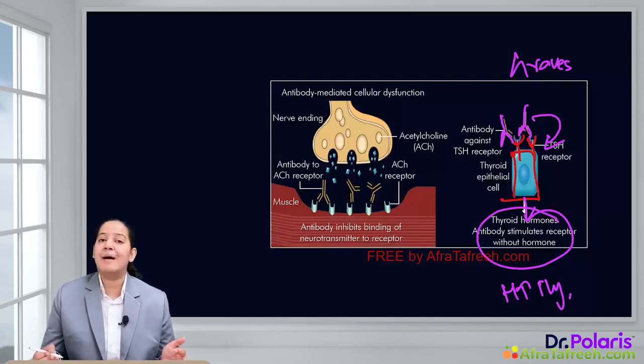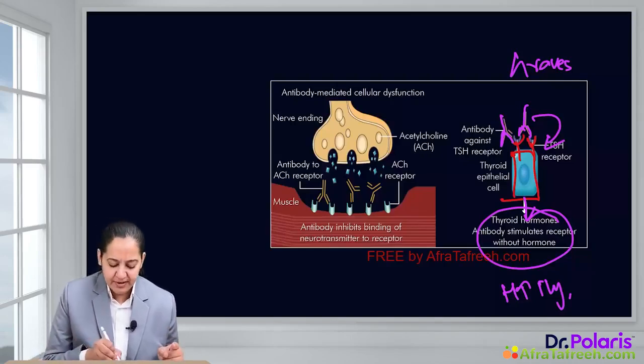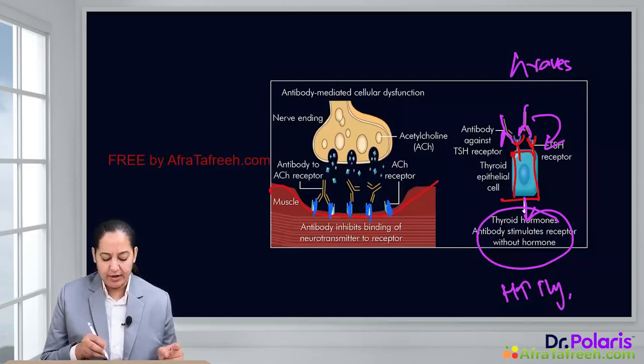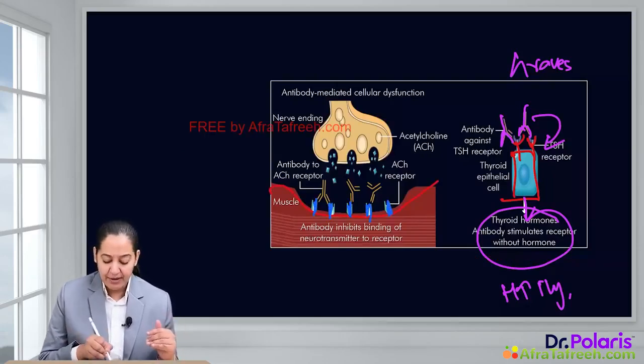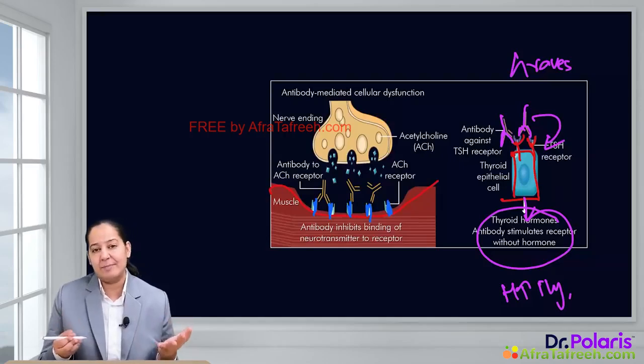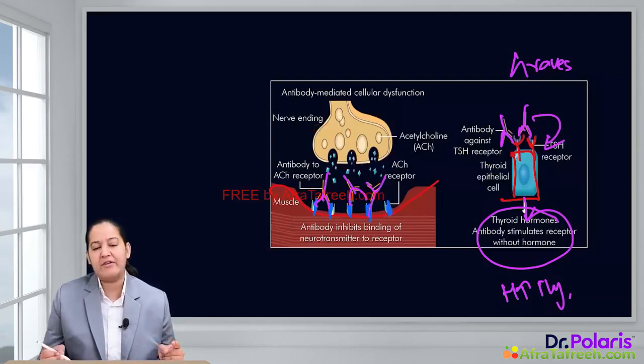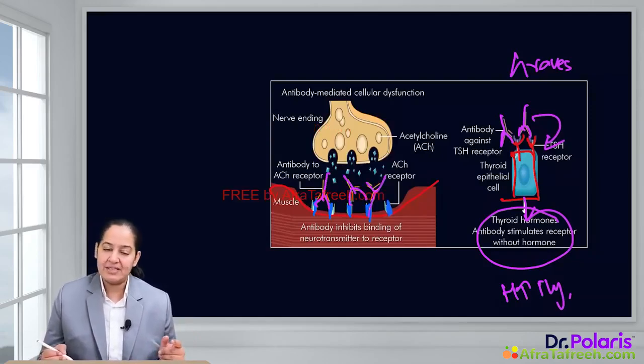The second example is myasthenia gravis. In myasthenia gravis, you can see this is the skeletal muscle. On the surface of the skeletal muscle, muscarinic receptors are present for acetylcholine. Now in myasthenia gravis, antibodies are formed against the M receptors, the muscarinic receptors present on the surface of the skeletal muscle.